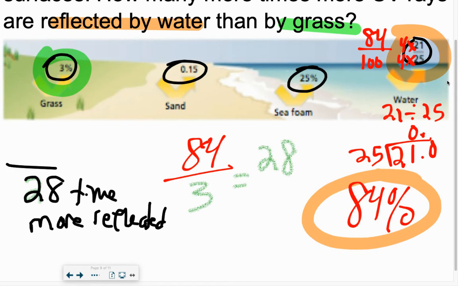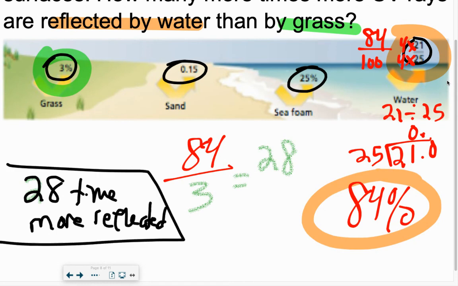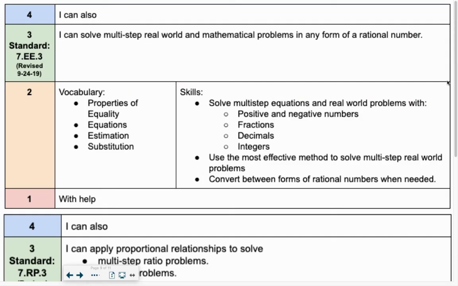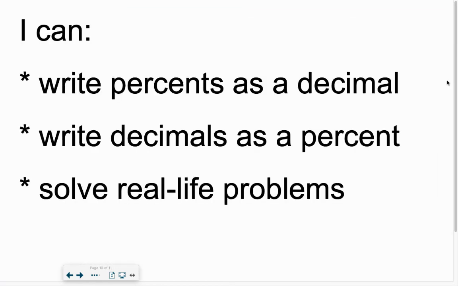That's why it's easier to get sunburn at the lake than it is at home or on the grass or in the yard. When we talk about percents and decimals, wherever you have them as, you can make them. Remember, percents to a decimal, we move twice. So we're talking about decimals and fractions to solve multi-step problems. So we're writing a percent as a decimal.